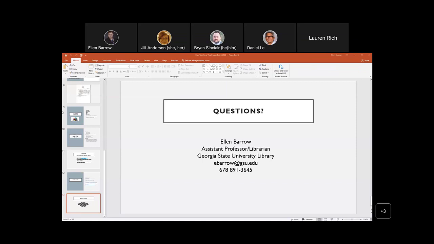Think-pair-share could be a poll, or use a polling tool. Maybe some sort of virtual think-pair-share. I can't think of how you would do that, but anything is possible. I've already adapted the five W's to things I've done, like for the speech class, where I adapted it a little bit.